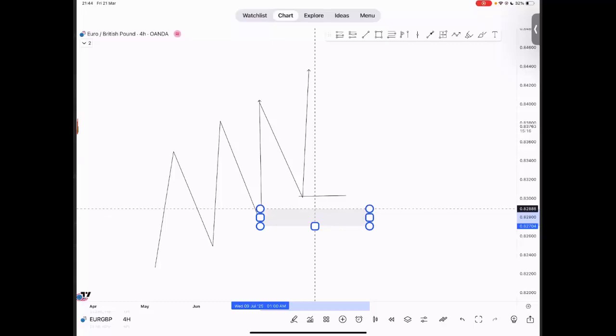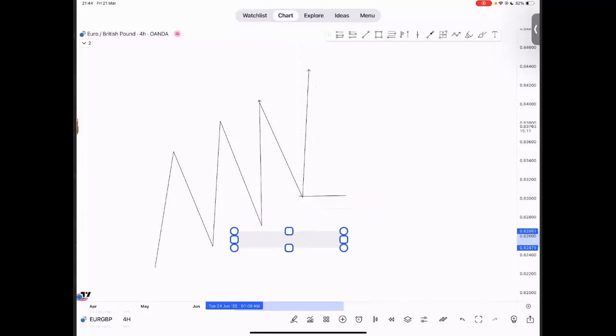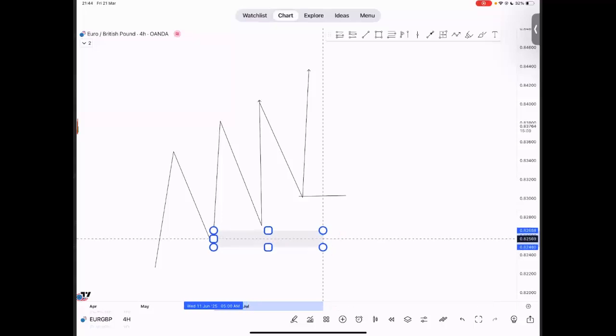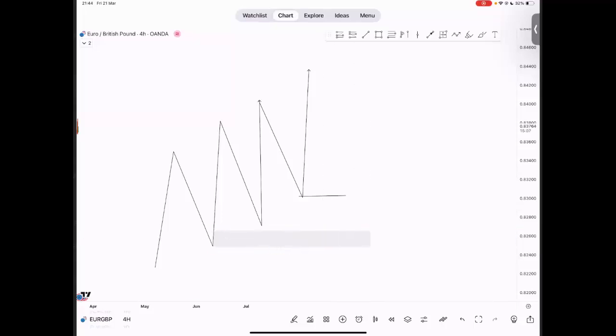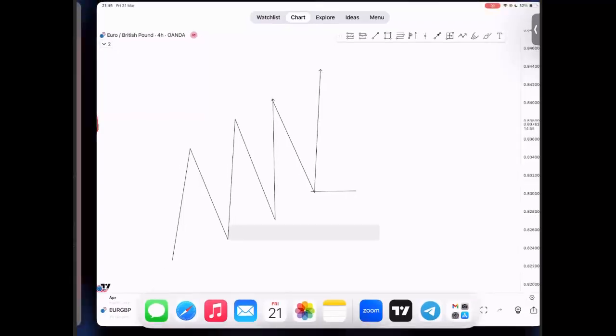If it meets every other validation. If it does not meet every other validation, what happens? You go to the demand zone below. This is how you validate. You validate them one by one until you see the one that meets your criteria for what a demand or a supply zone should look like, right?